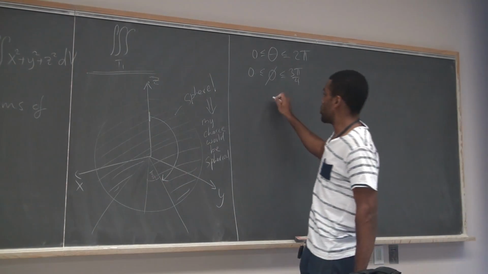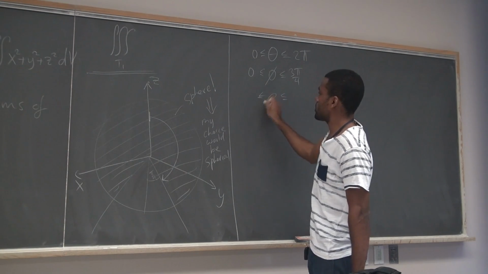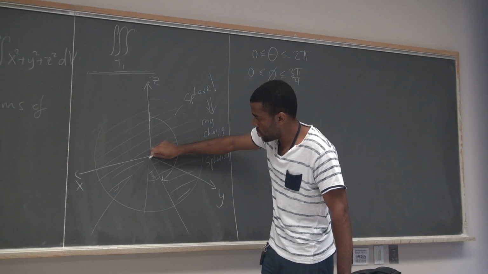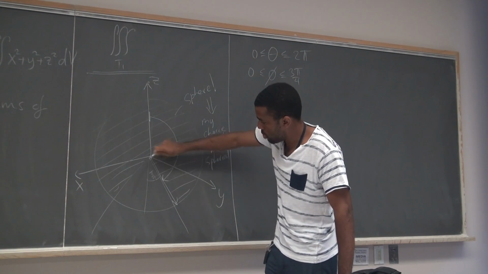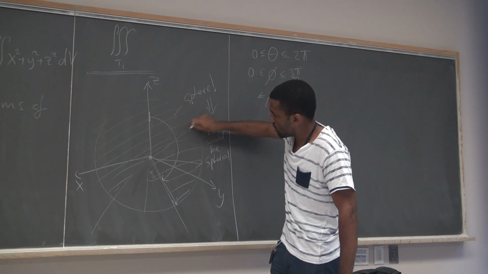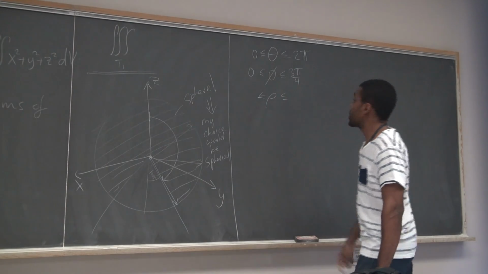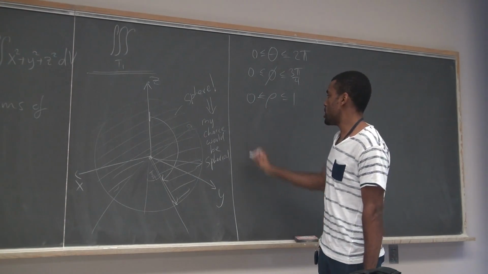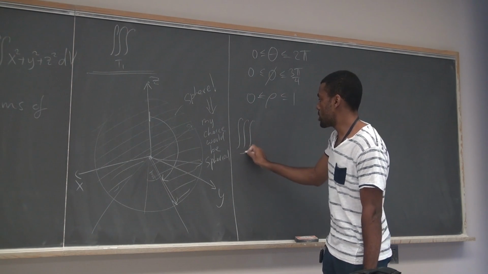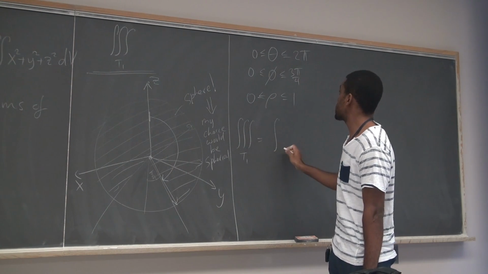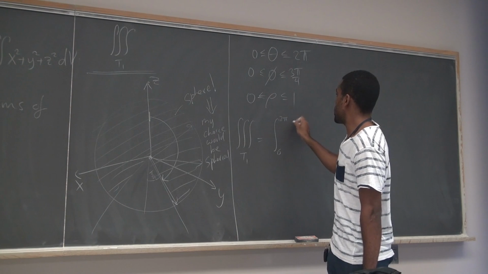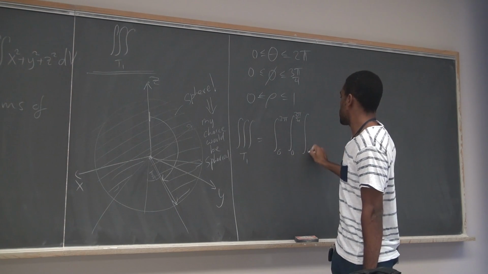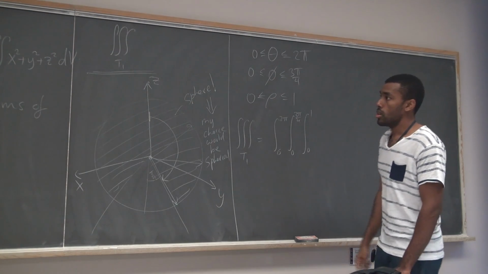Okay, so what about rho? 0 to 1. It's the distance from the origin to the outer surface, right? At any point it's going to be 1 because it's the unit sphere. So the setup for the triple integral over T1 would be 0 to 2 pi, 0 to 3 pi over 4, 0 to 1.